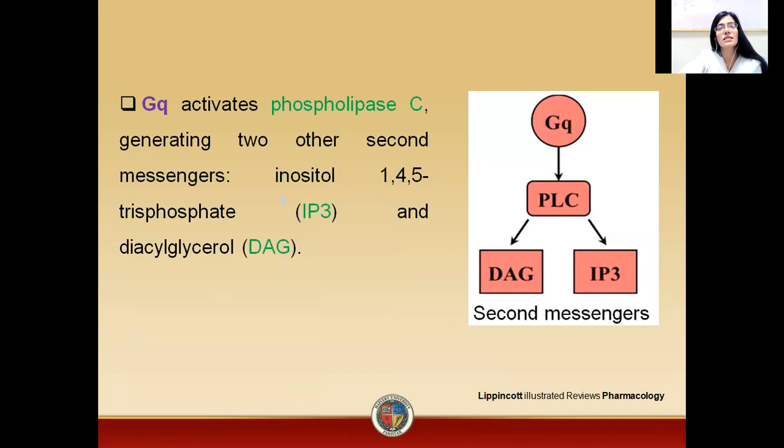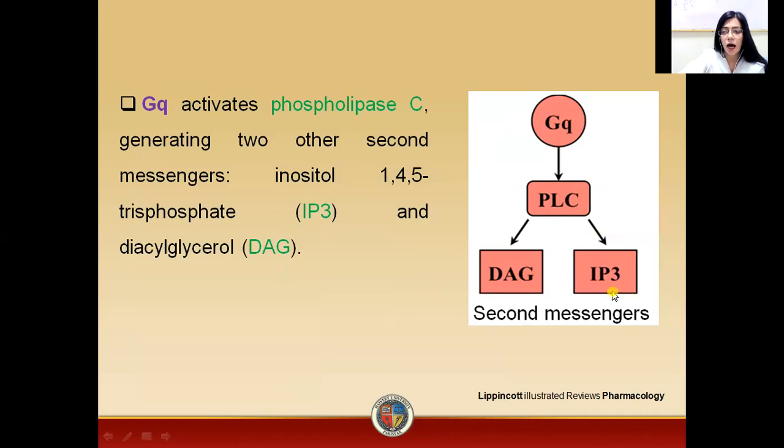Now, moving towards Gq coupled receptors. Whenever your receptor is linked or associated with Gq protein, it means whenever there is activation of the receptor, there is activation of Gq protein, and there is activation of an effector enzyme, that is phospholipase C. As a result of this activation, there will be formation of two second messengers.